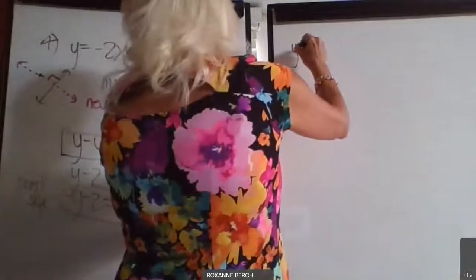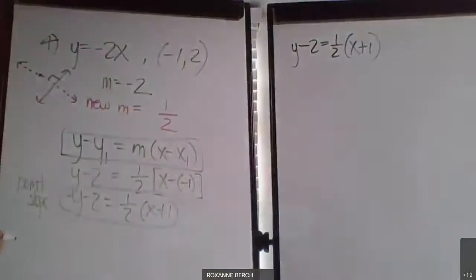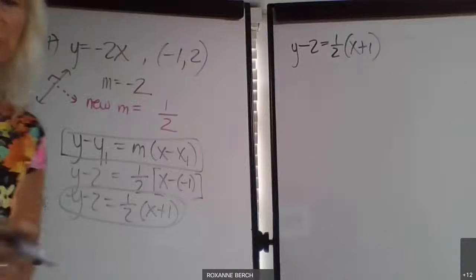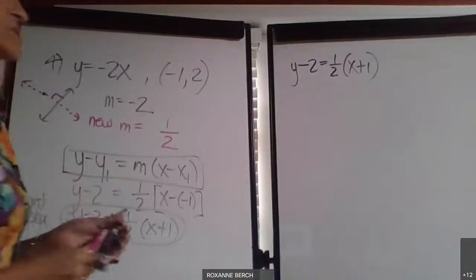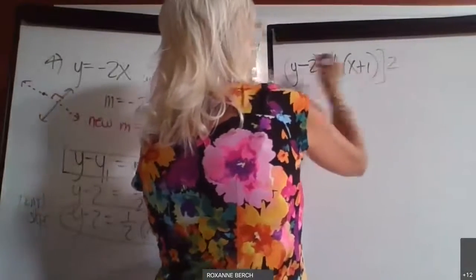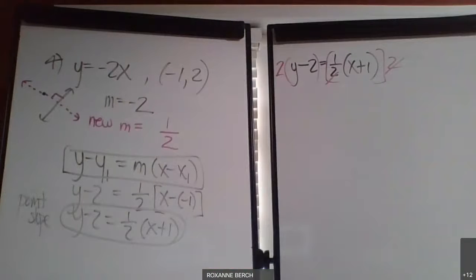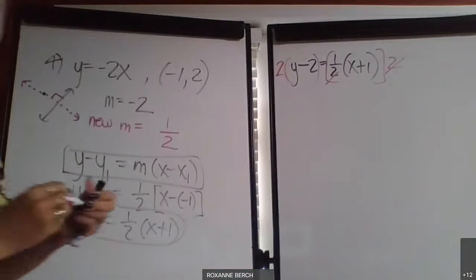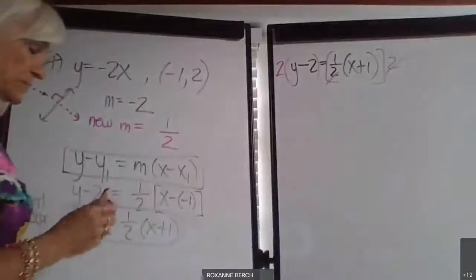Now you're going to write it again and solve for y. I don't know about you, but I do not want to distribute a fraction. So I'm going to get rid of that fraction by multiplying both sides by 2. Rather than distributing it, you can multiply by 2 and eliminate it. Since this is one quantity, multiplying by 2 just gets rid of it.